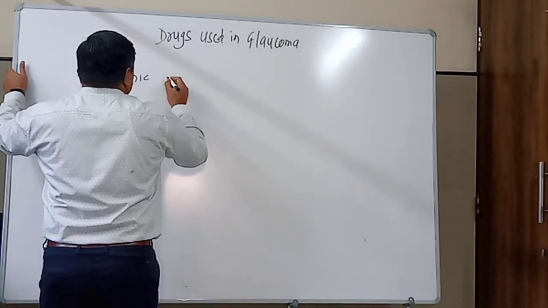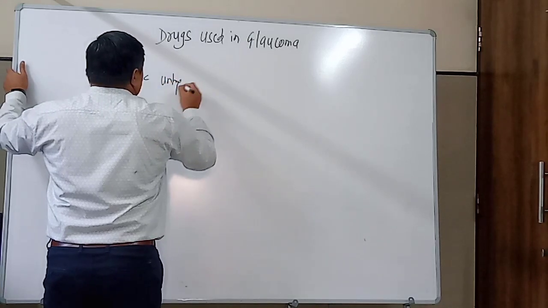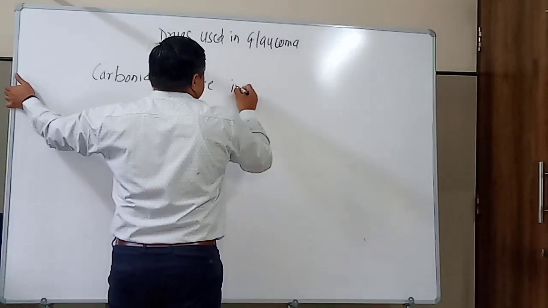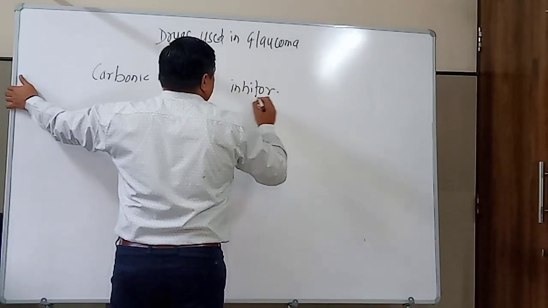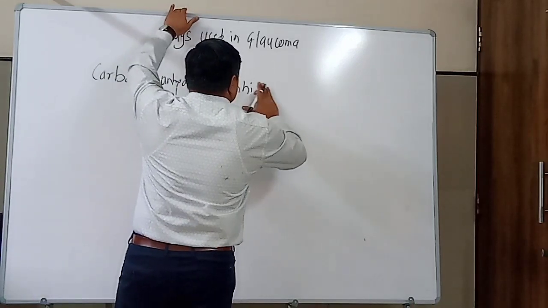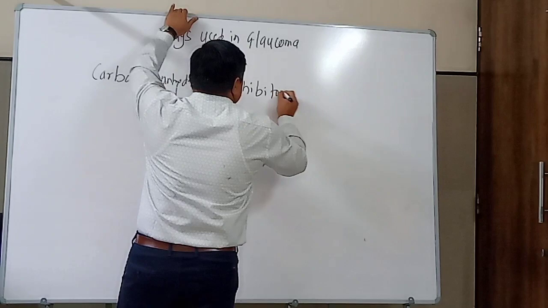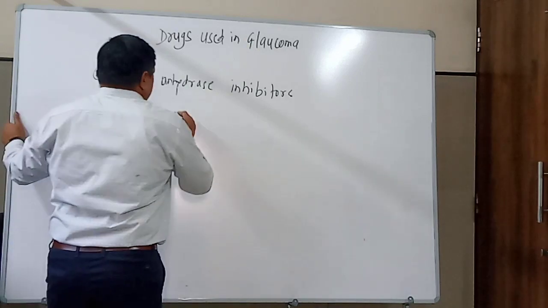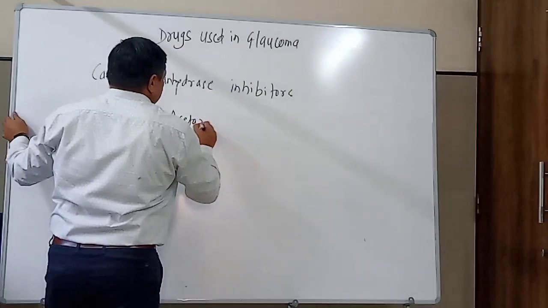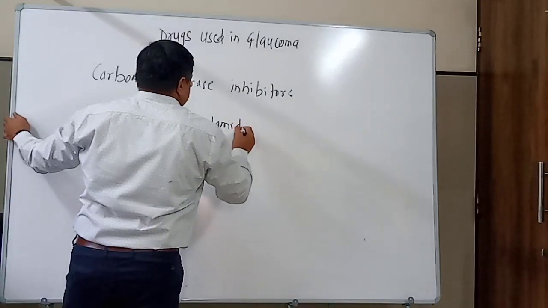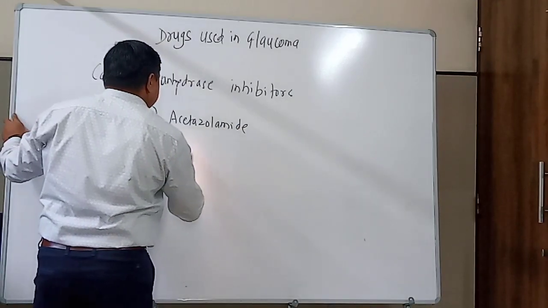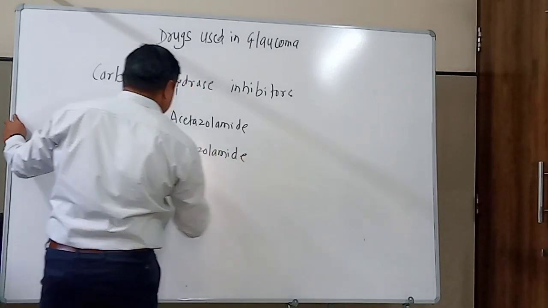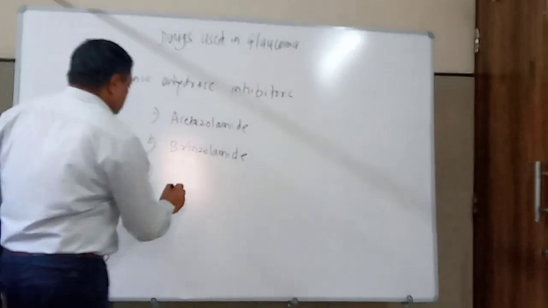Carbonic anhydrase inhibitor drugs are acetazolamide, brinzolamide, and dorzolamide.